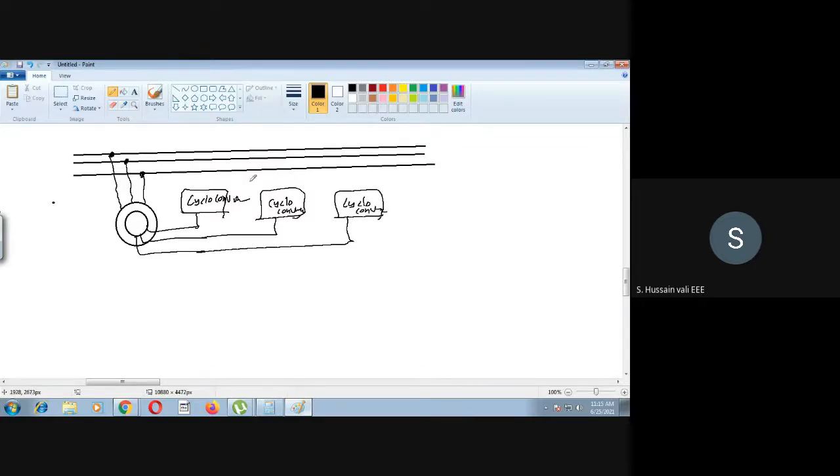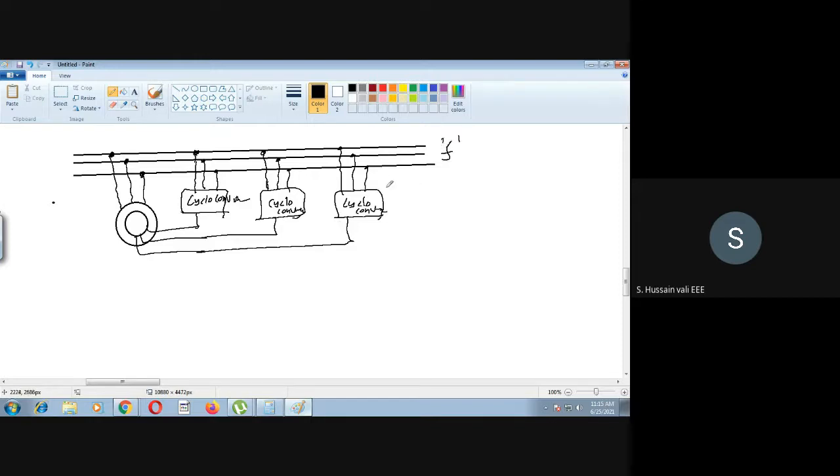Now the output of the cycloconverter is coupled to the bus bar. So why you need a cycloconverter is that you should match the frequency of the bus bar.